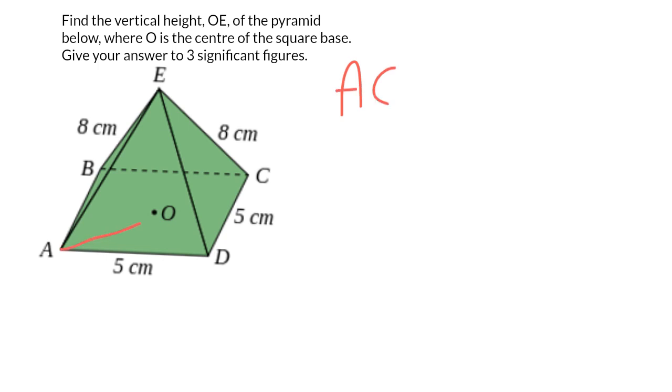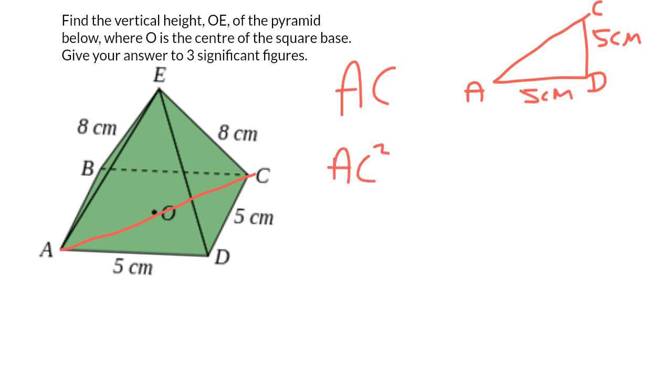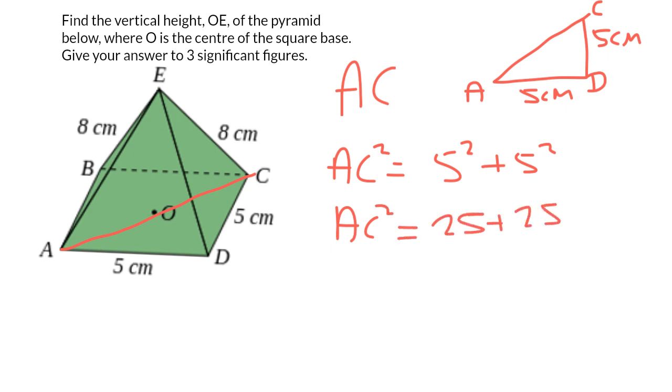So to find the length of AC, we're going to draw ourselves a 2D triangle where this is point A, this is point C, that's point D. So we know this is 5 centimetres and this is also 5 centimetres. So we know AC squared is going to be 5 squared plus 5 squared. So AC squared would be 25 plus 25.